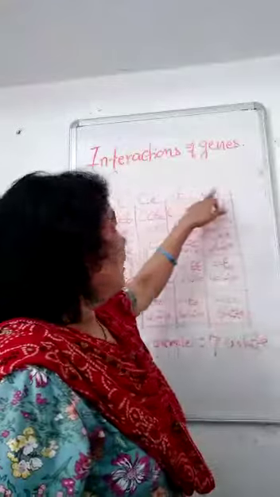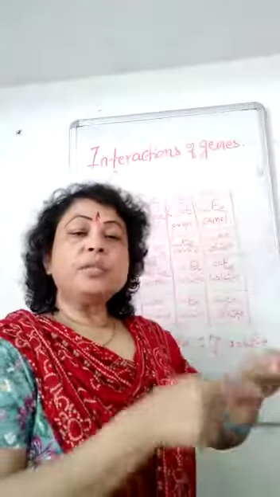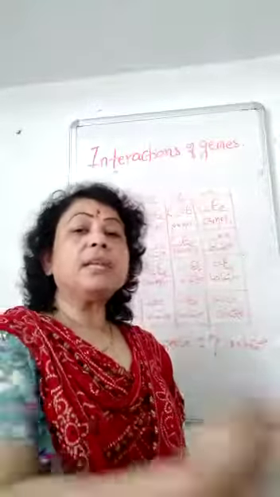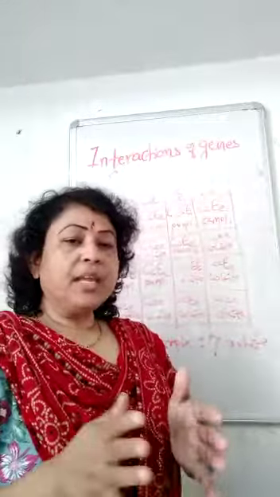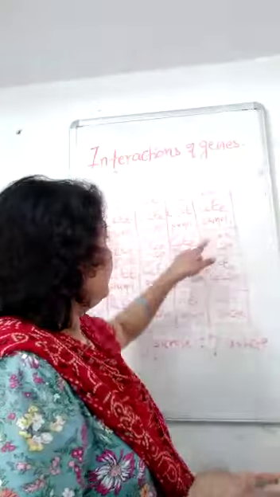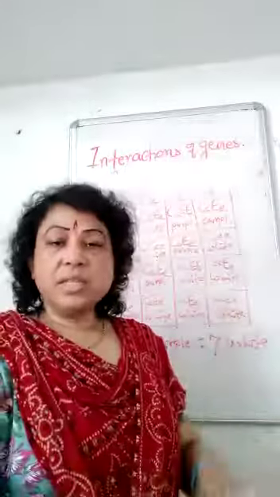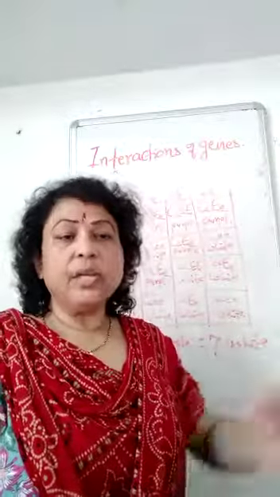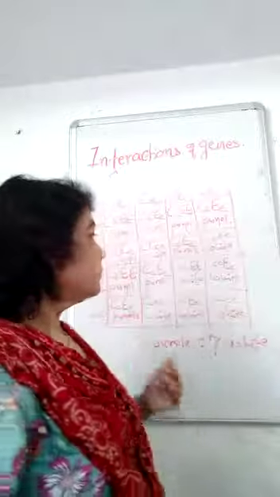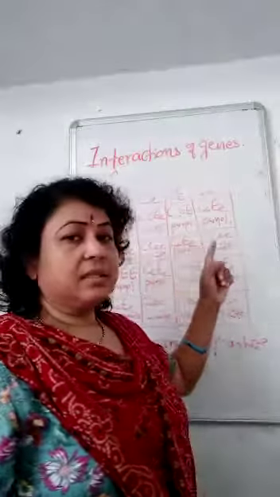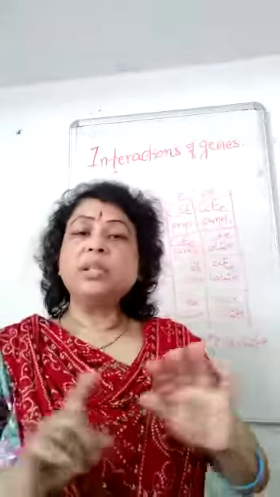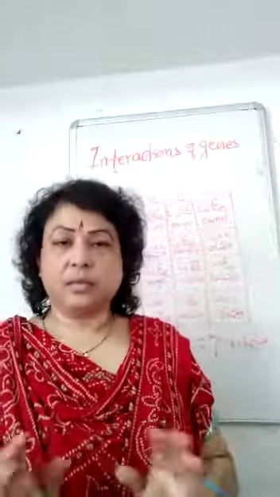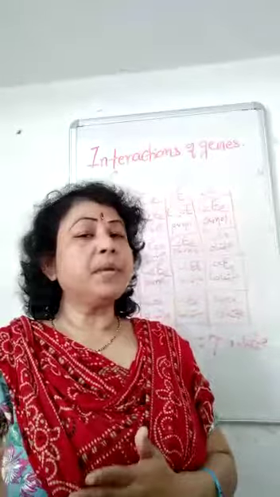And this E is responsible to produce the enzyme which activates the chromogen. So when the E gene produces the enzyme, along with that enzyme, the chromogen becomes active and it develops the color. Okay. So these two genes, C and E, are complementary to each other. Complementary means purak.